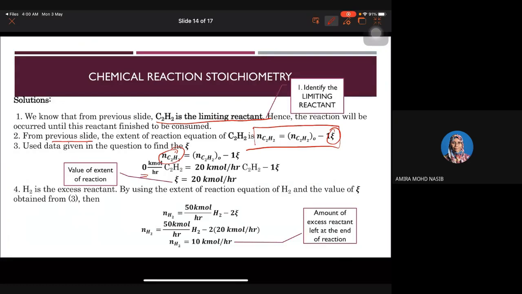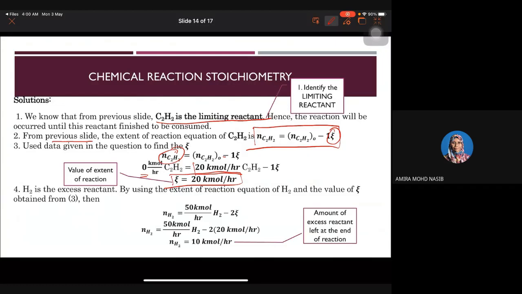And that equals 20 kilomole per hour, which is what we have at the beginning, of acetylene minus 1 E. So you rearrange and you get the extent of reaction equal to 20 kilomole per hour.